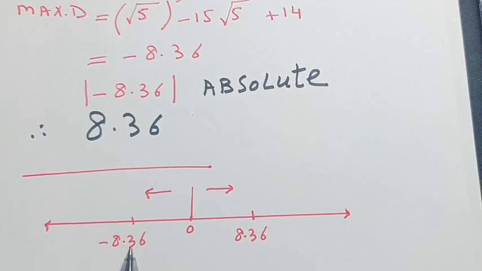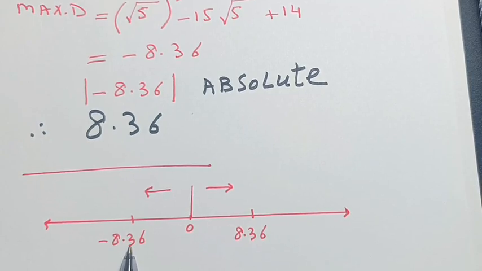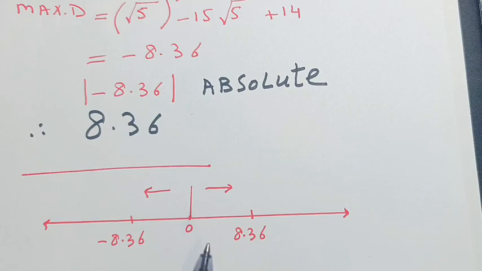Absolute value only concerns the fact that you moved 8.36 units. So we can say that the absolute value of negative 8.36 is positive 8.36. Absolute value is always positive. I hope you understand.